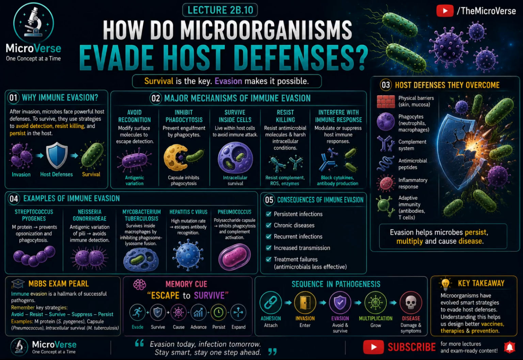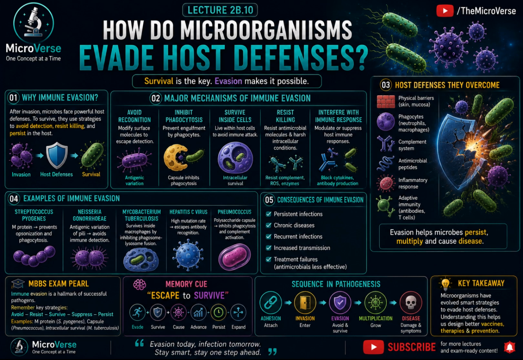The third mechanism is surviving inside the host cell. Some microorganisms take immune evasion one step further. Instead of remaining outside immune cells, they can survive within the host cell. This can provide a relatively protected environment where the microorganism is less exposed to some extracellular immune mechanisms.